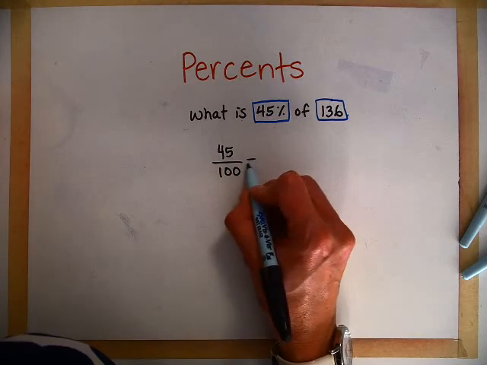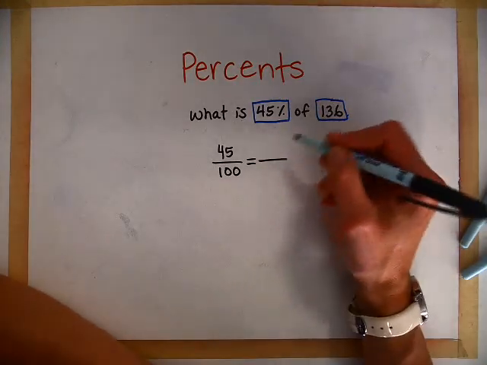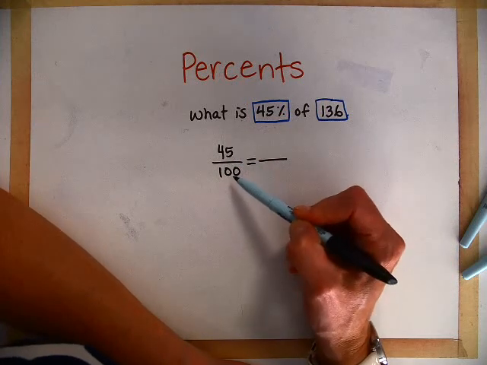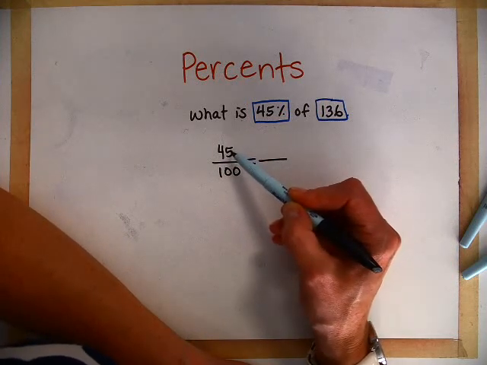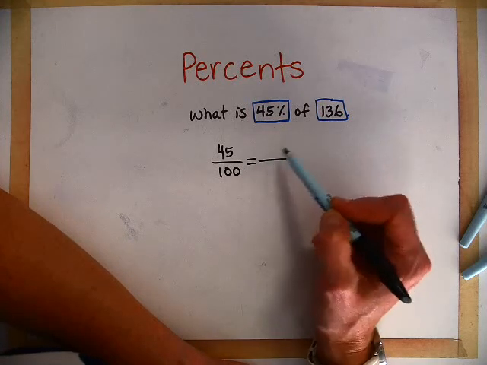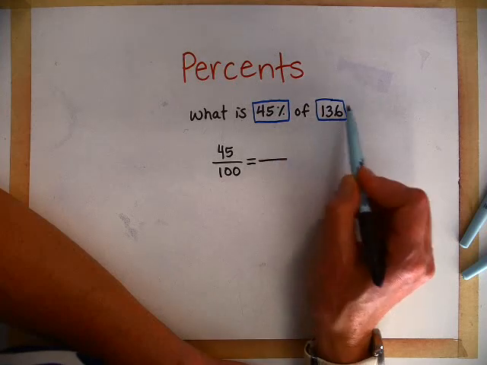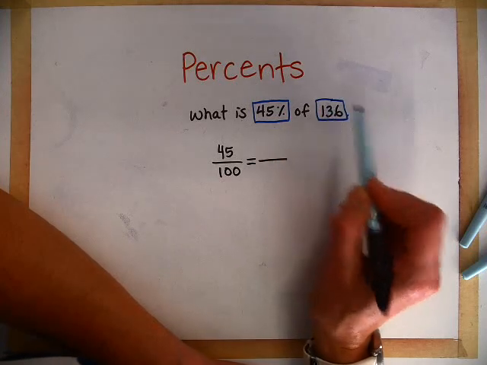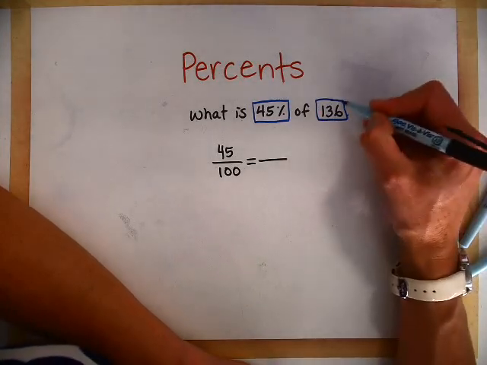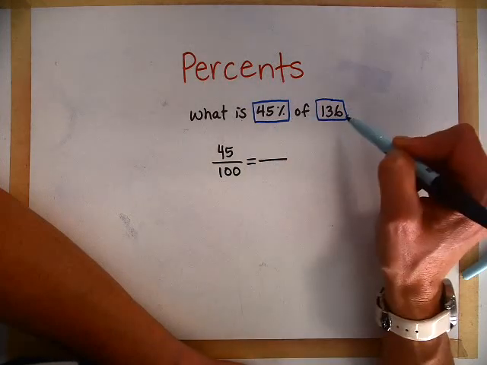So 45 out of 100 is equal to some other ratio. This is 45 out of 100 because all percents are out of 100, and I want to make it equal to something where I could find out what this number would represent if my whole number was 136. My 136 is the whole thing, and I want to find out what is 45% of 136.